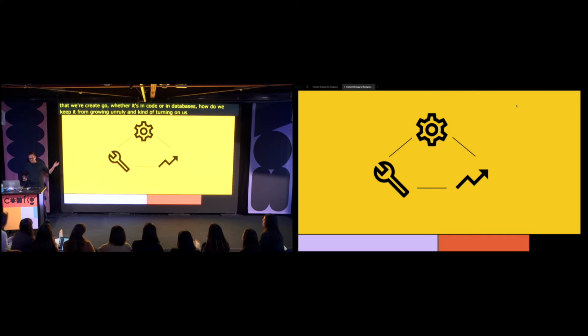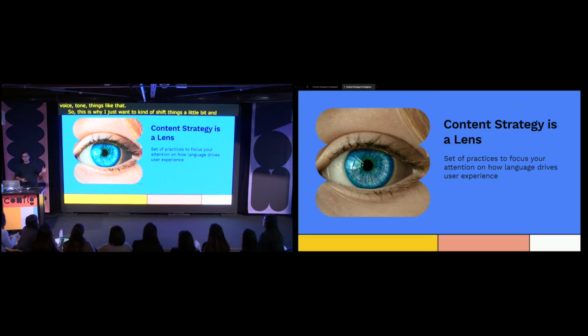And this is true, content strategists do this stuff, but if you look at the landscape today, a lot of what content strategy is being asked to do is much closer to the design process. It has a lot more to do with UX writing and microcopy and information architecture, style, voice, tone, things like that. So this is why I just want to shift things a little bit and tell you that I think of content strategy much more as a lens.